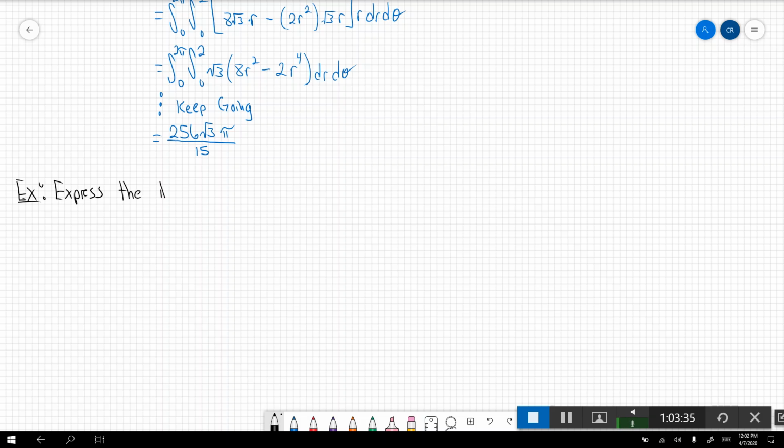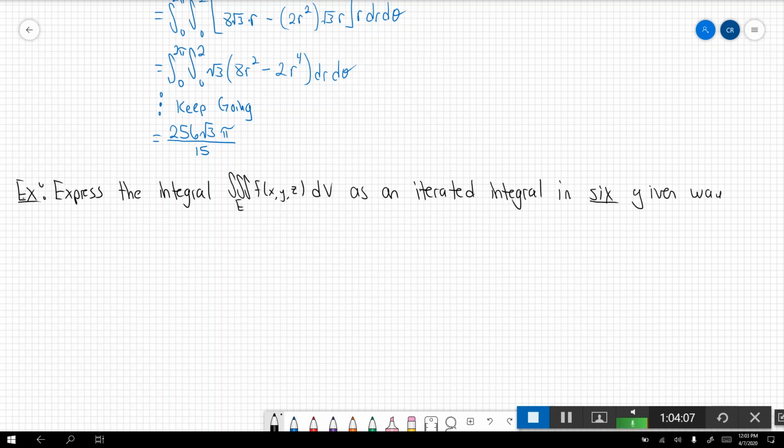Express the integral for this dV as an iterated integral in 6 given ways, where E is the solid bounded by the given surfaces.